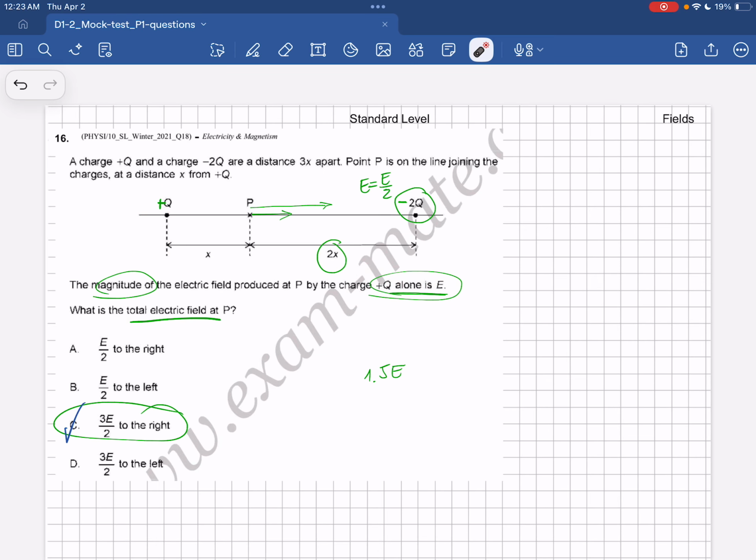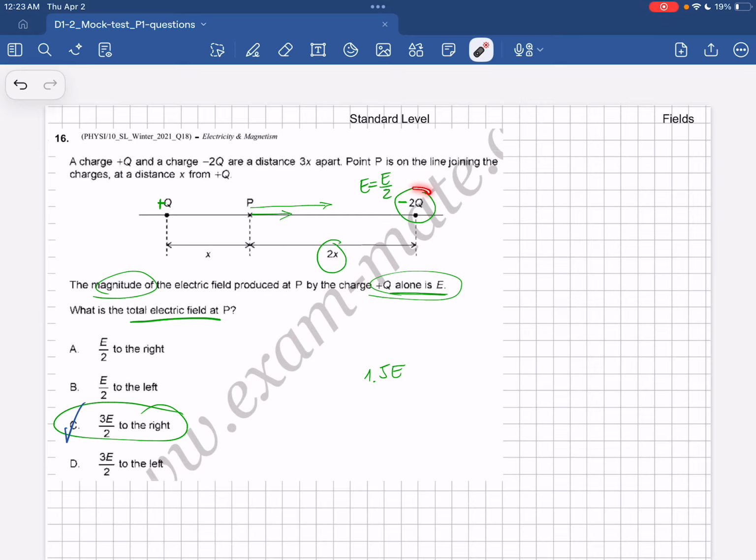So if this one is E and the distance is x, what is the total at P? First, this is positive, so at P it will generate an E to the right. This is also negative, so it's also towards it, so it should also be to the right. Let's check the magnitude.